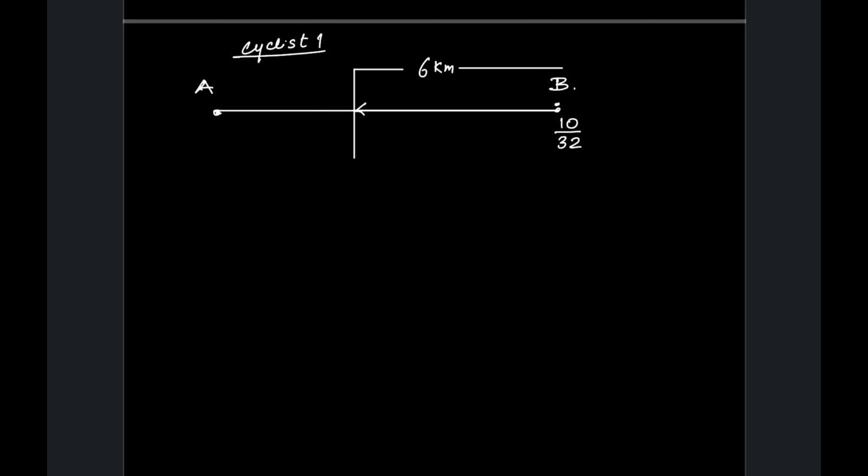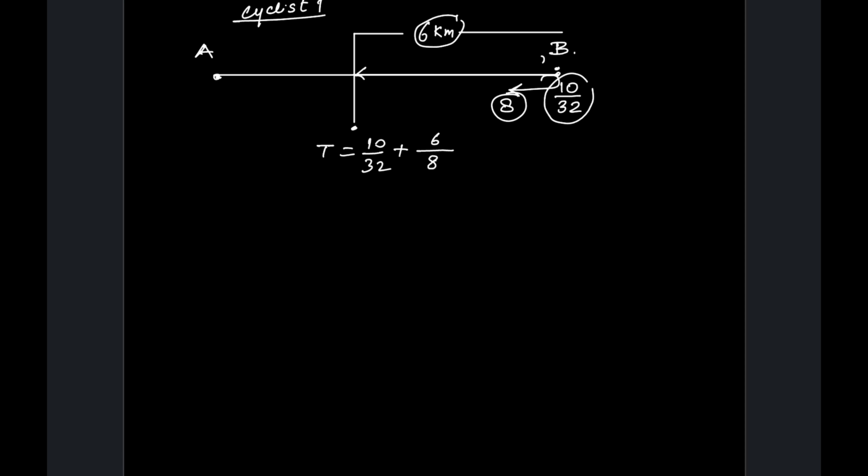So cyclist 1 will reach this position after a total time equal to 10 by 32. This is the time when cyclist 1 reaches here, and to cover 6 km now, it will take a further time of 6 divided by 8. Why 8? Because while returning, cyclist 1 will now have a speed 8, because now he is moving against wind.